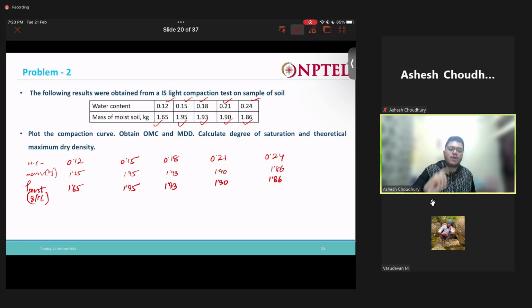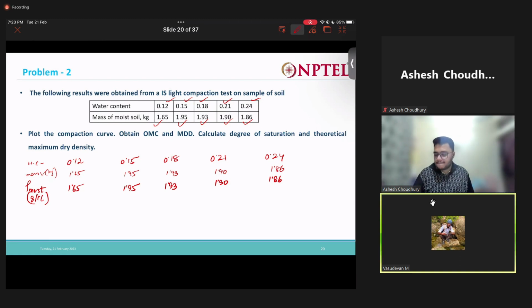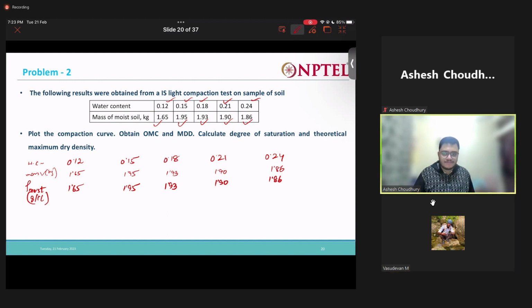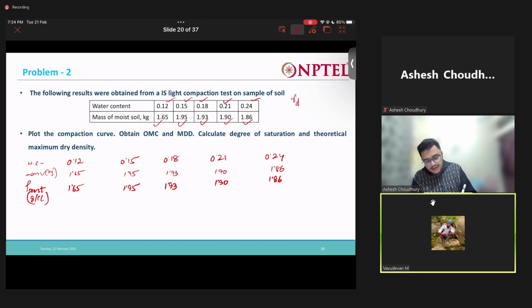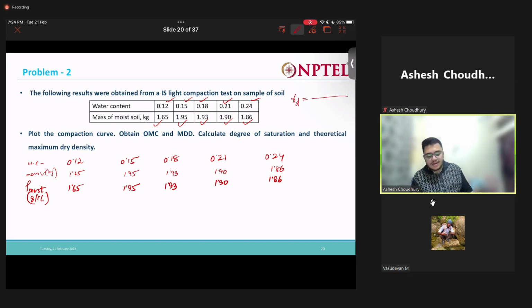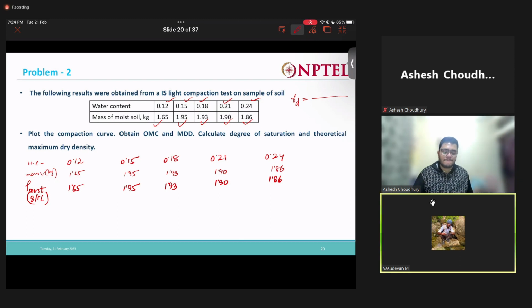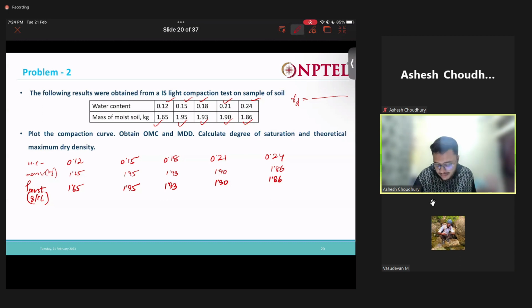Now from the moist unit weight, how can we determine the dry density? Remember, we have used that formula many times. The dry density has a relation: weight of solid by total volume, you are right.